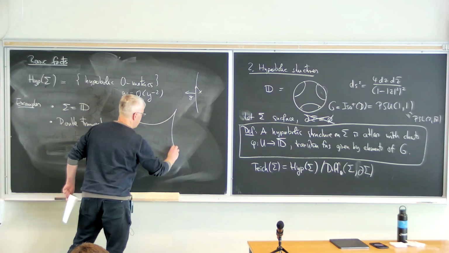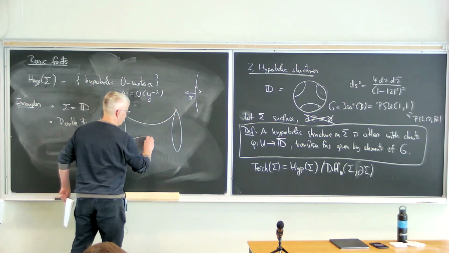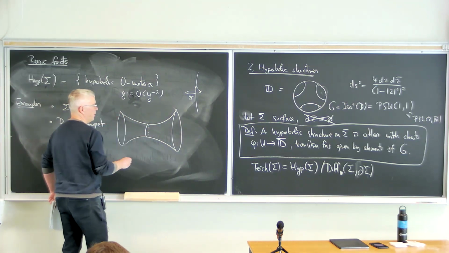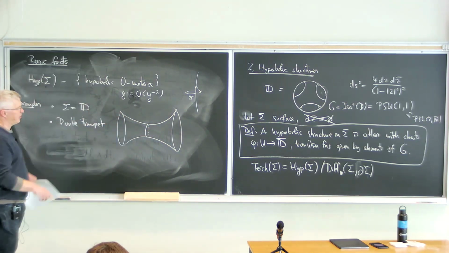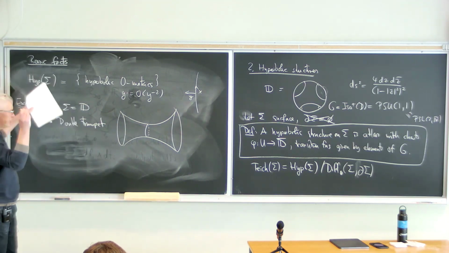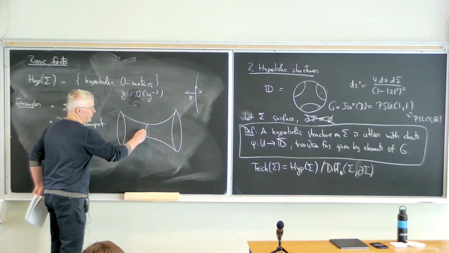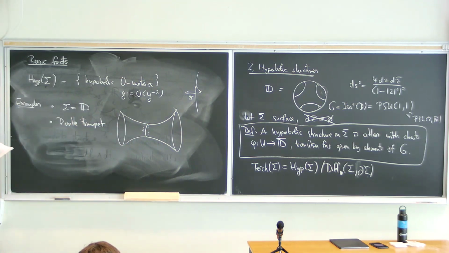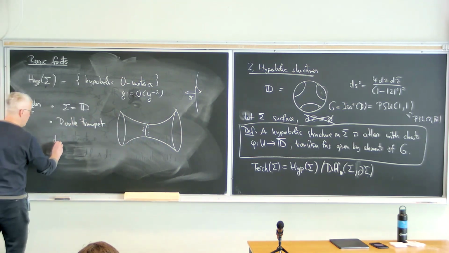So the picture is like this. There's a hyperbolic metric on this cylinder. In the middle, there's a geodesic of some length L, and the metric is given by some explicit formula.